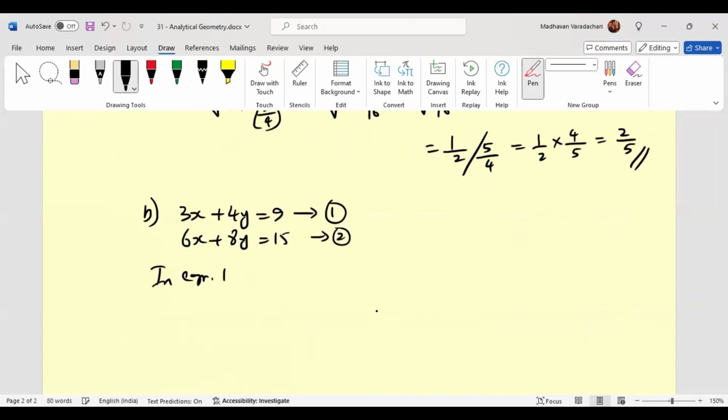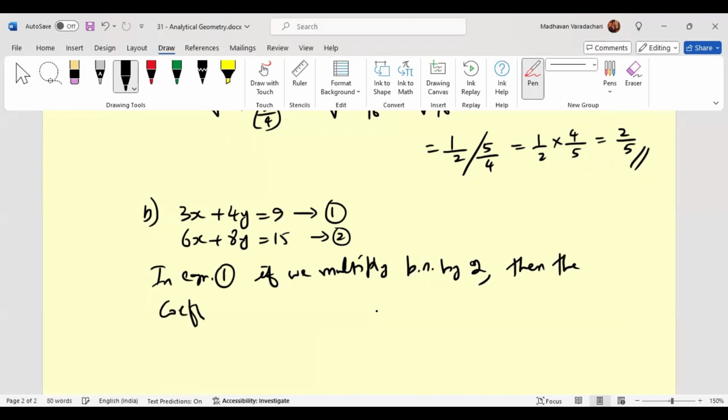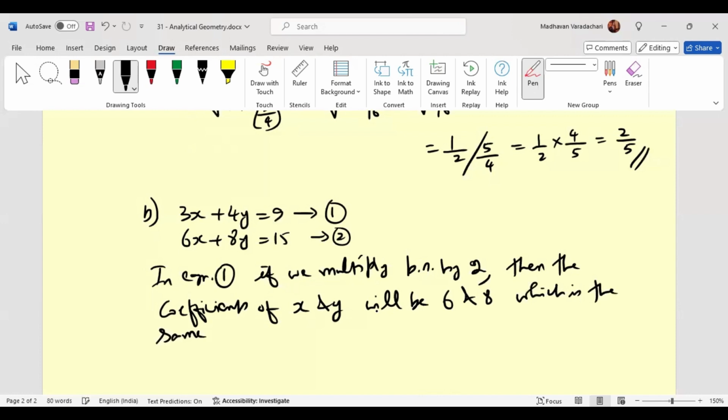In equation 1, if we multiply both sides by 2, then the coefficients of x and y will be 6 and 8, which is the same as in 2. Therefore, lines 1 and 2 are parallel.